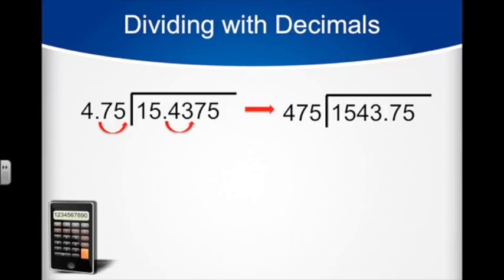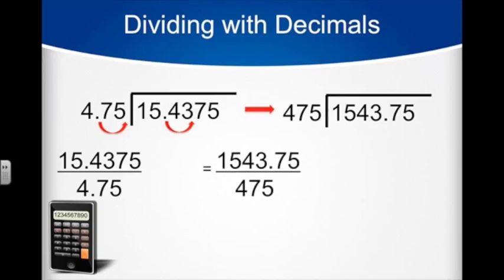What we're really doing is multiplying by 10 over 10 to move the decimal place to the right until we are dividing by an integer. You can see this easier if we write the problem as a fraction. To get the decimal points to move 2 places, we're really multiplying by 10 over 10 twice, which is 100 over 100. 10 times 10 is 100.